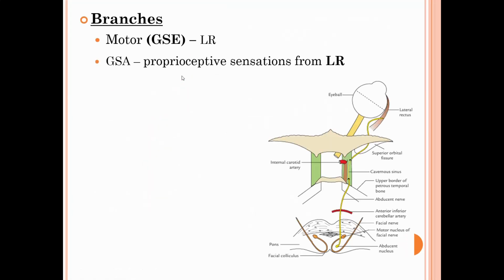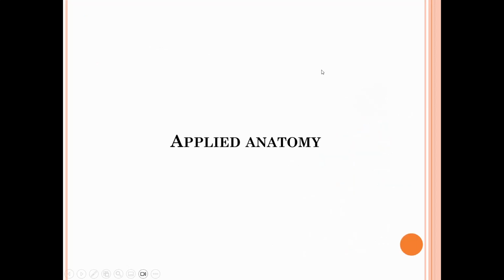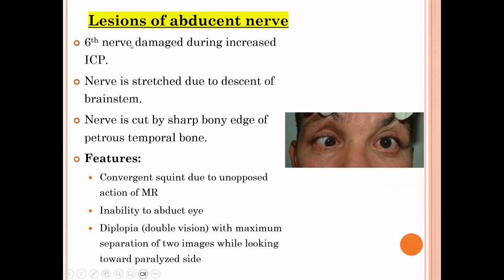Branches and distribution: it has general somatic efferent fibers, so motor supply to the lateral rectus, and general somatic afferent fibers which carry the proprioceptive sensation from the lateral rectus. Applied anatomy: it is the most commonly damaged nerve during increased intracranial pressure.